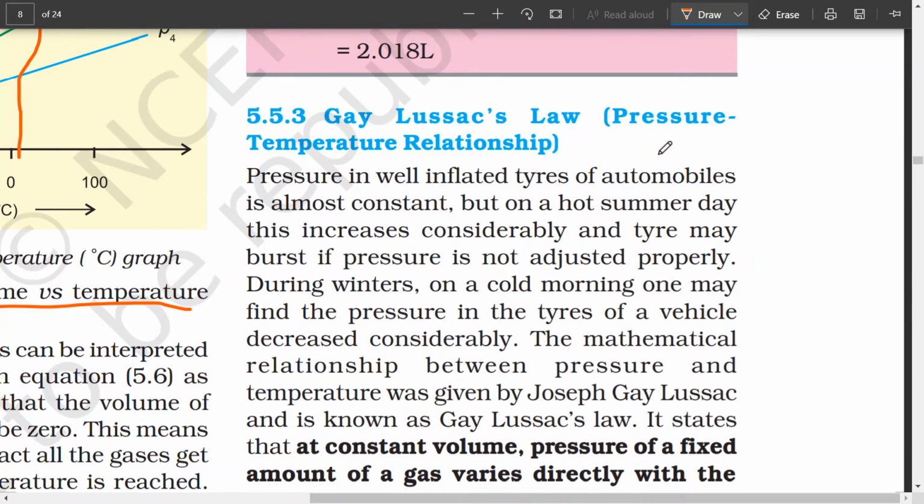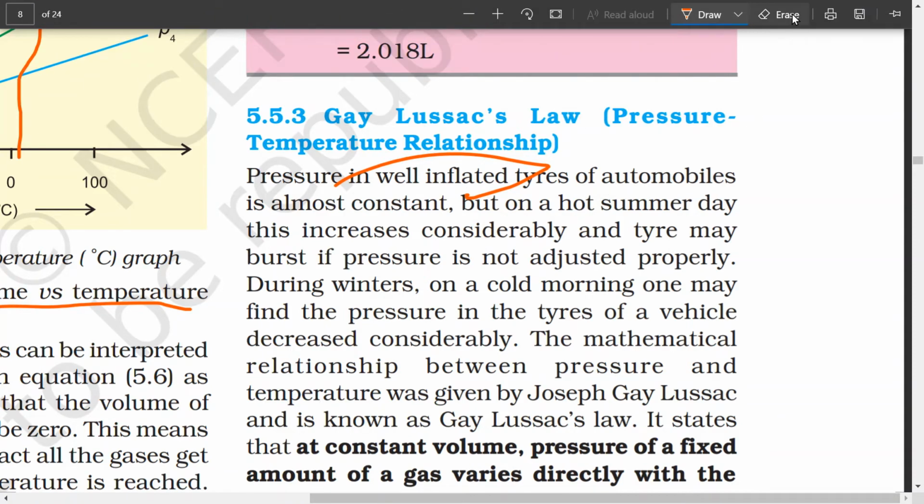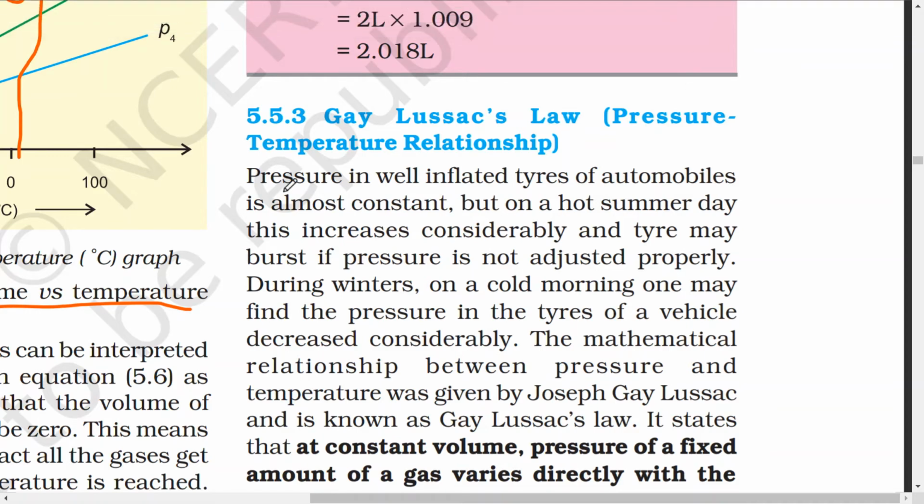Gay-Lussac's law: pressure-temperature relationship. Pressure in well-inflated tires of automobiles is almost constant, but on a hot summer day, this increases considerably.